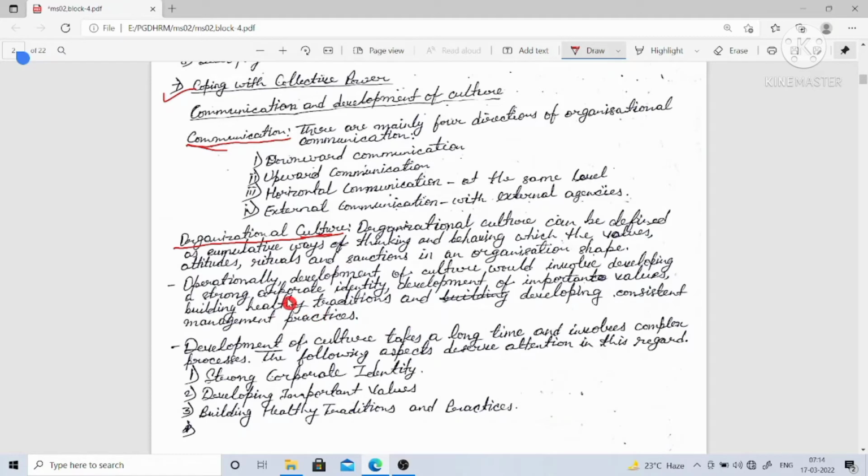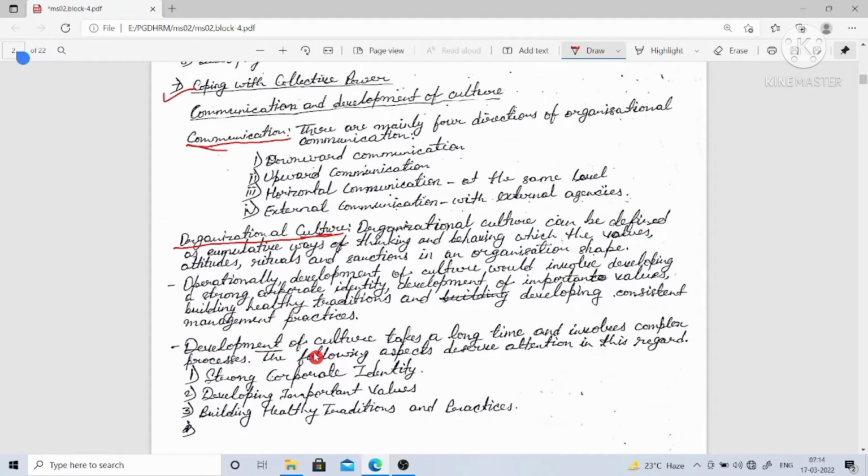So how can culture be developed for the organization? Culture can be developed for the organization by developing a strong corporate identity, development of important values, building healthy traditions and developing consistent management practices.